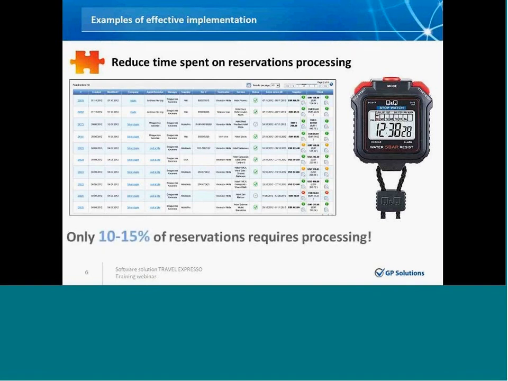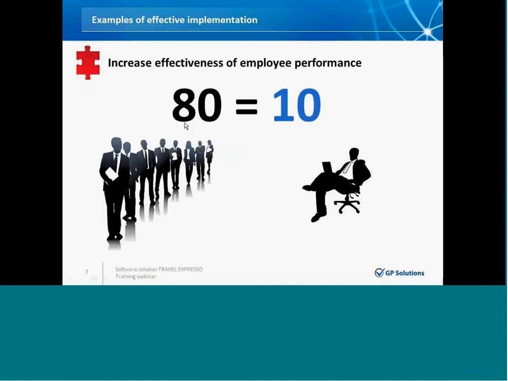And the third outcome is effectiveness of your employees' performance. We had such a great example when one of our clients made some turnover or some set of bookings per month and had just 10 employees in his office. And another colleague who works in the same sphere and had the same number of bookings per month, had 80 employees to operate his business.